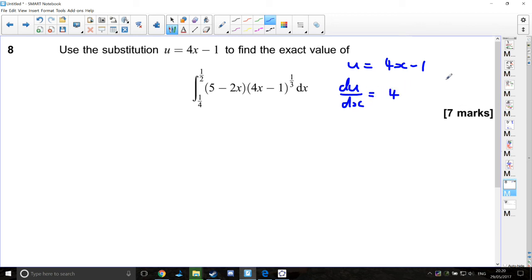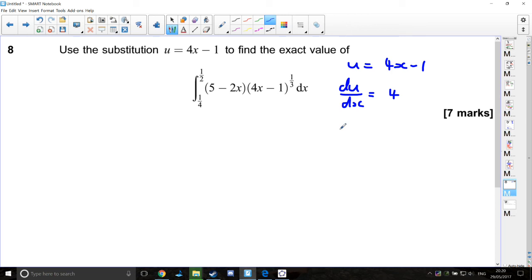4. Now, next step is I want to get dx on its own from this here. So, if I want dx on its own, what I'm going to do is multiply both sides by dx and then divide by 4. I urge you very, very strongly to always do this calculation, because if there's anything with a trig function, people get very messed up very quickly if they just learn by rote, oh, you just switch them around.